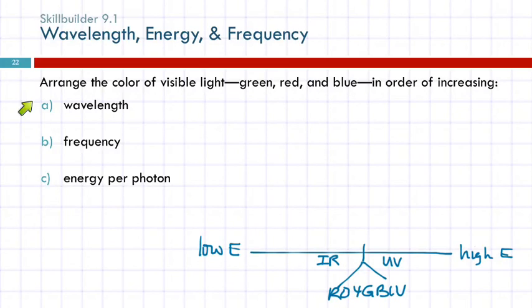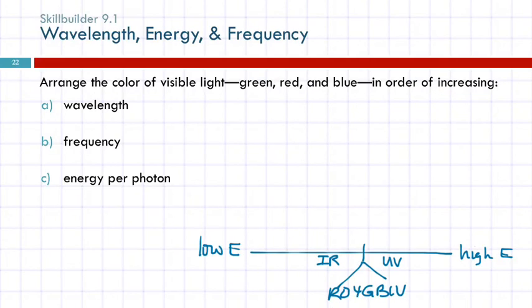So you don't have to do these in order. Energy per photon, the amount of energy, which light is more energetic? Green, red, or blue? Well, it's the one that's closer to ultraviolet. So there's red and green and blue. Which one's more energetic? Blue. Blue is the highest energy and red is the lowest energy. Arrange them in order of increasing.